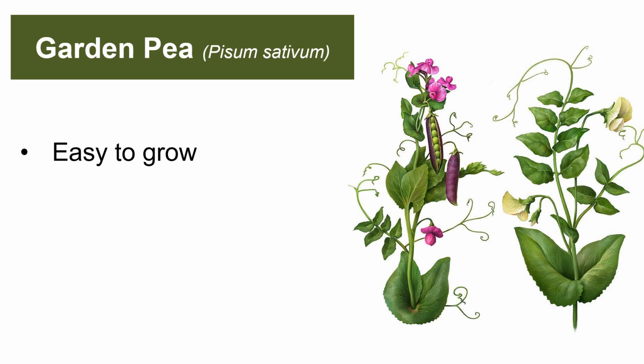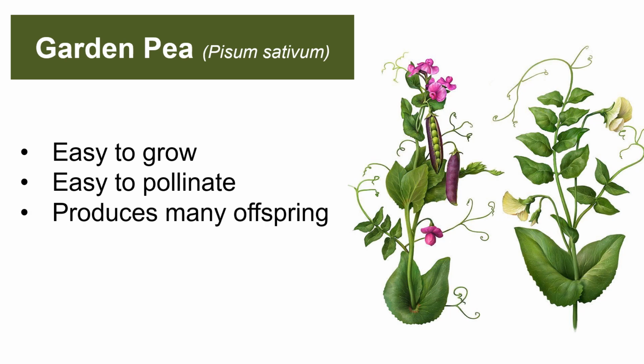First, they are easy to grow or they have a short life cycle since they are annual plants, meaning he will not have to wait for so long to get the results. Second, they are easy to pollinate. He can just cut the male parts of the flower and then dust the pollen from one plant to another to initiate cross-pollination.